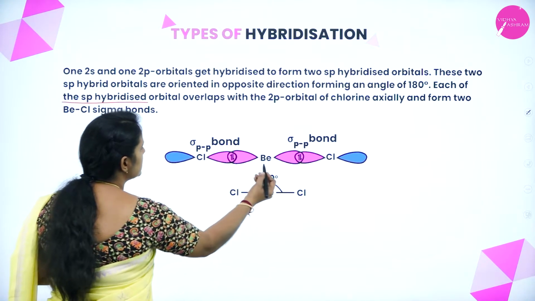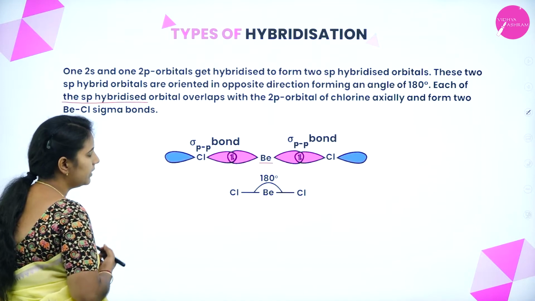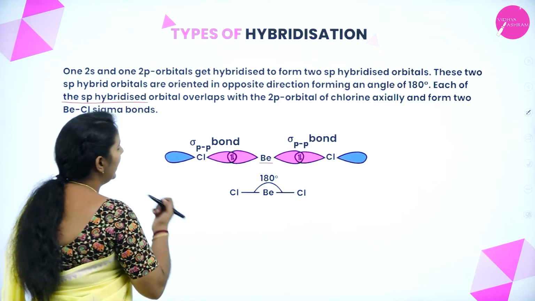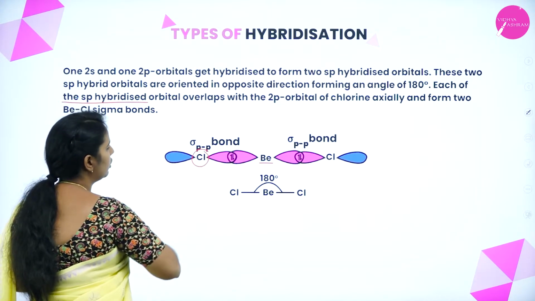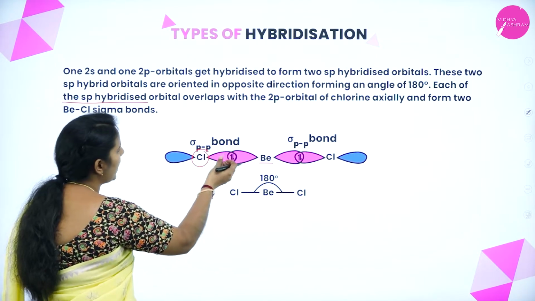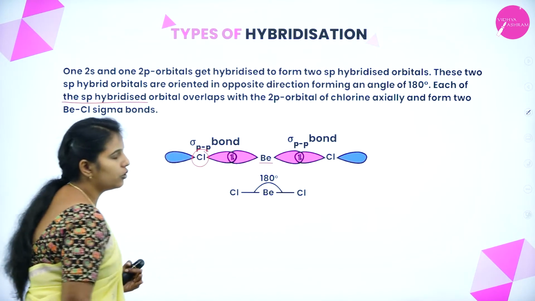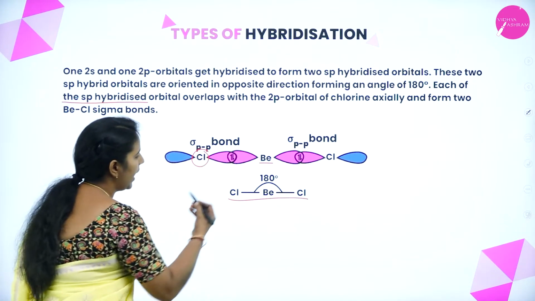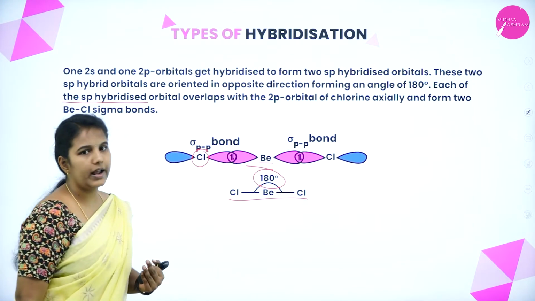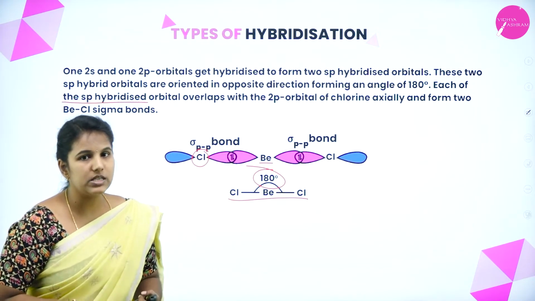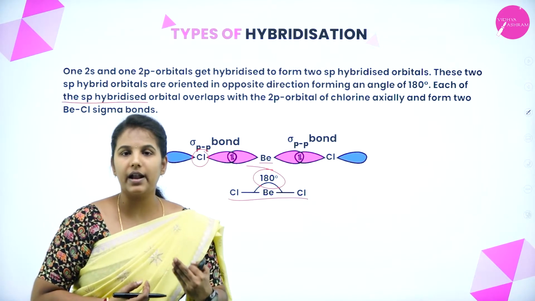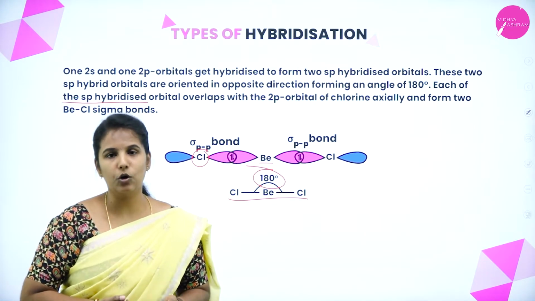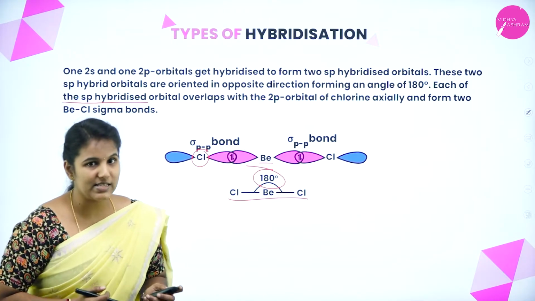You can see that beryllium has one electron in the s orbital and one electron in the p orbital, which is accepted by chlorine. One chlorine overlaps with the p and another chlorine overlaps with the s, resulting in the formation of beryllium chloride, and between these two we have a bond angle of 180. This is the best example where we can clearly understand how sp hybridization takes place in beryllium chloride. Hope you have understood this example.